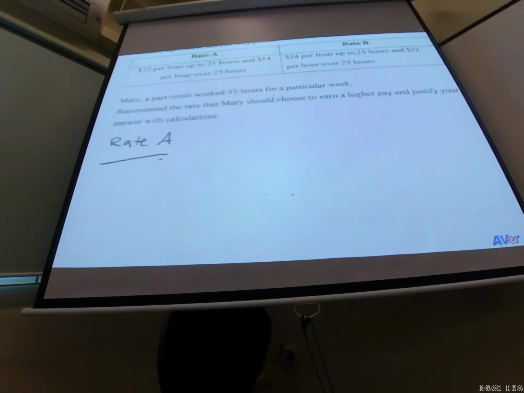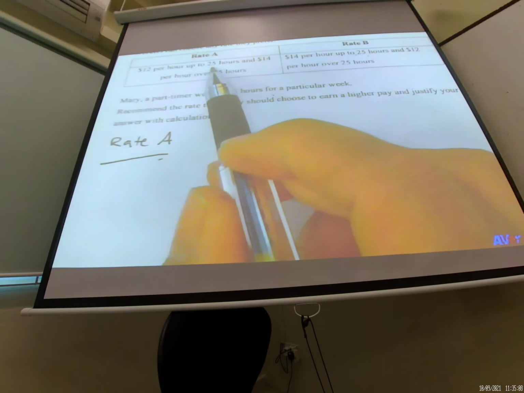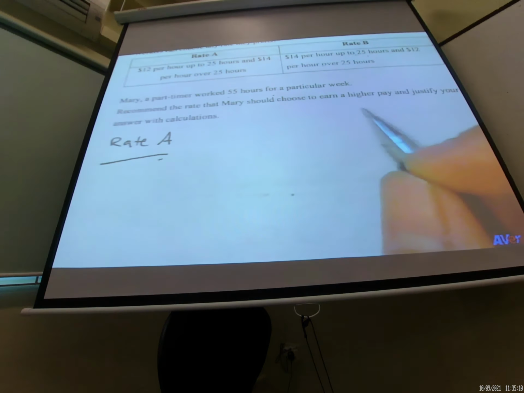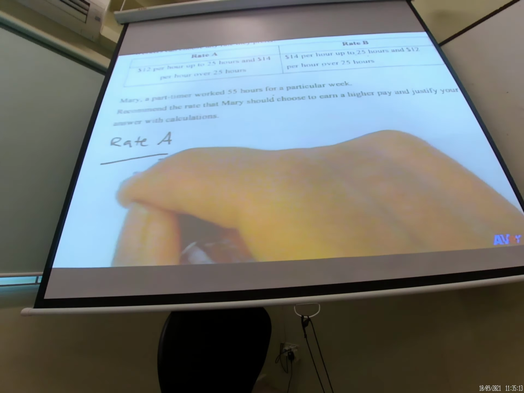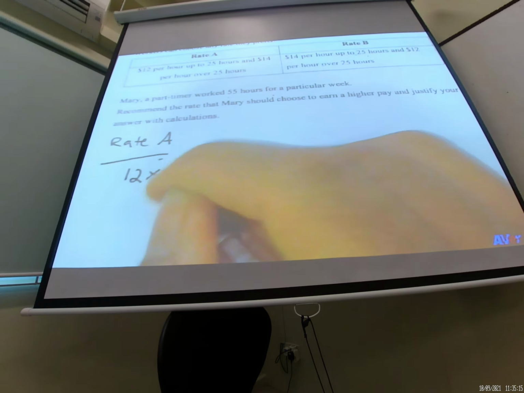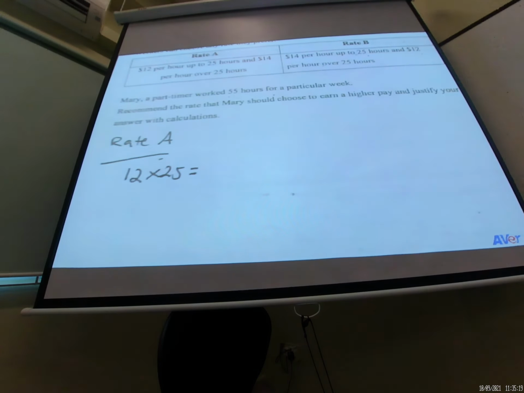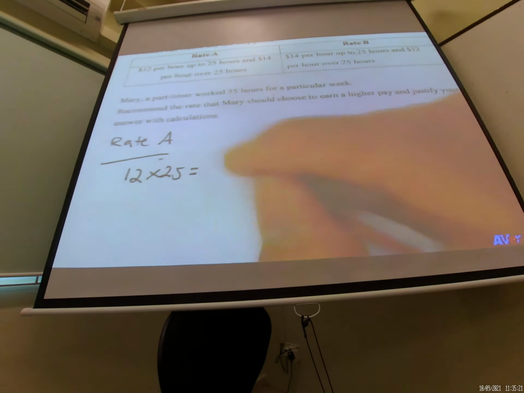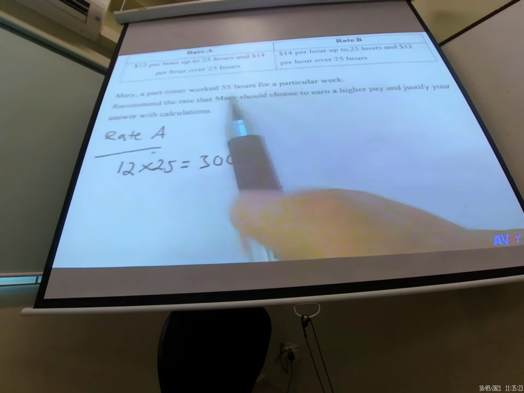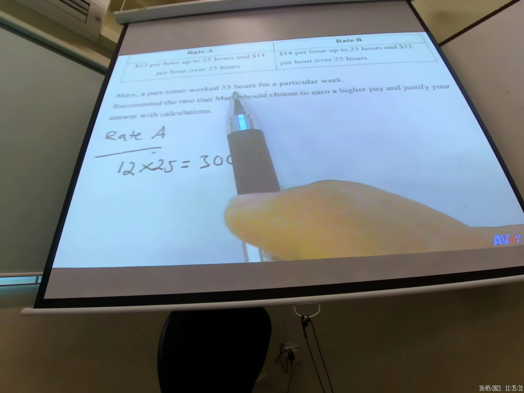If she takes rate A, up to 25 hours is $12 per hour. So $12 per hour times 25 hours is equal to 300. But Mary worked 55 hours. So other than the first 25 hours, she still has another 30 hours.